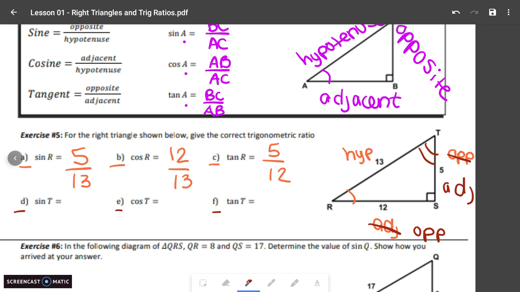So now, sine of T, the different angle, is 12 over 13. The cosine is 5 over 13. And tangent of T is 12 over 5. And we'll look more about those relationships a little bit later. But it always matters which angle we're going from.